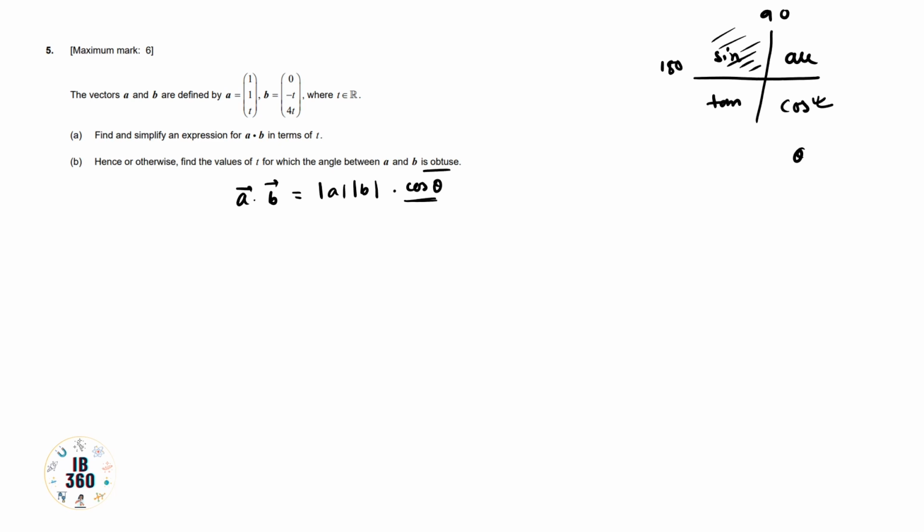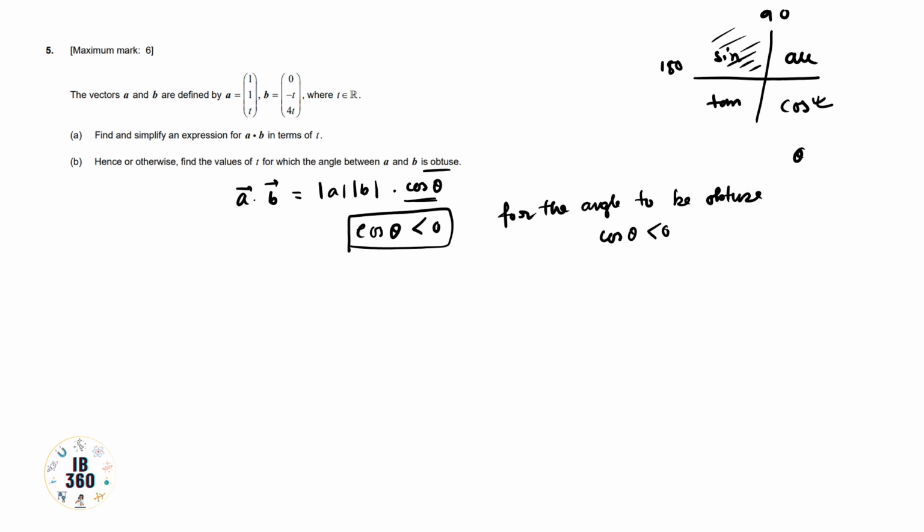So we can write that cos theta will be less than 0. For the angle to be obtuse, cos theta will be less than 0. Now the most important thing is, for an obtuse angle the cos is negative. Now the thing is, cos theta is negative.